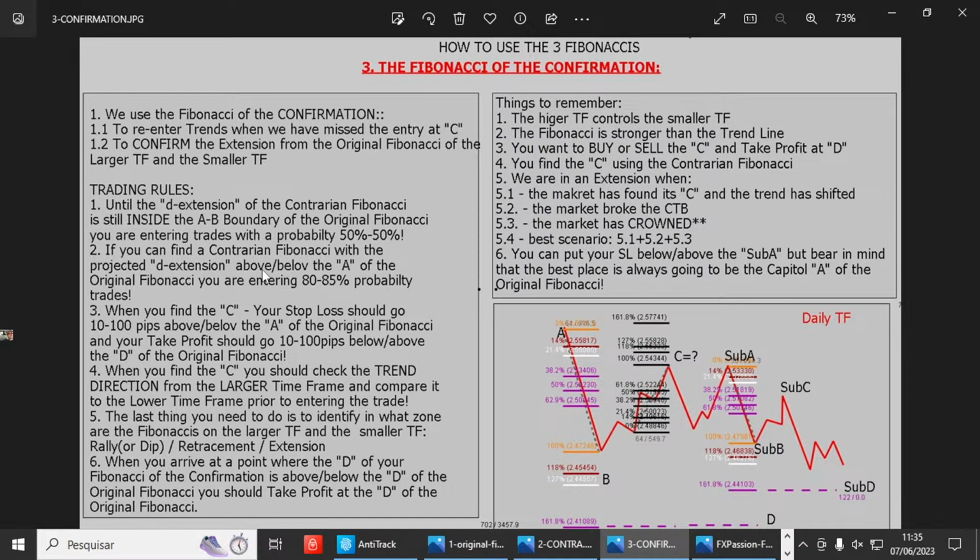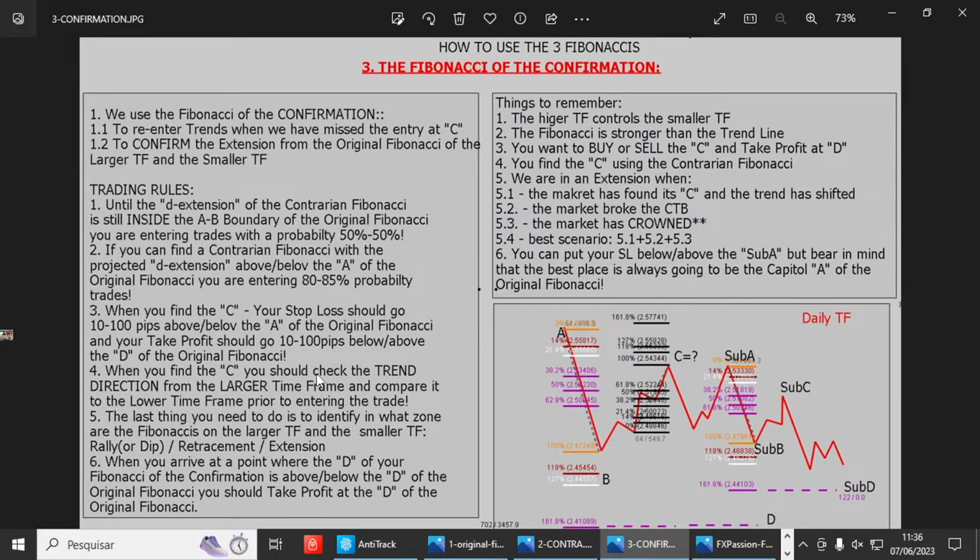If you can find a contrarian Fibonacci with the projected extension above or below the A of the original Fibonacci, you are entering 80-25 probability trades. When you find the C, your stop loss should go above or below the A of the original Fibonacci, and you should profit take 10 to 100 pips above or below the D, meaning in front of the D.